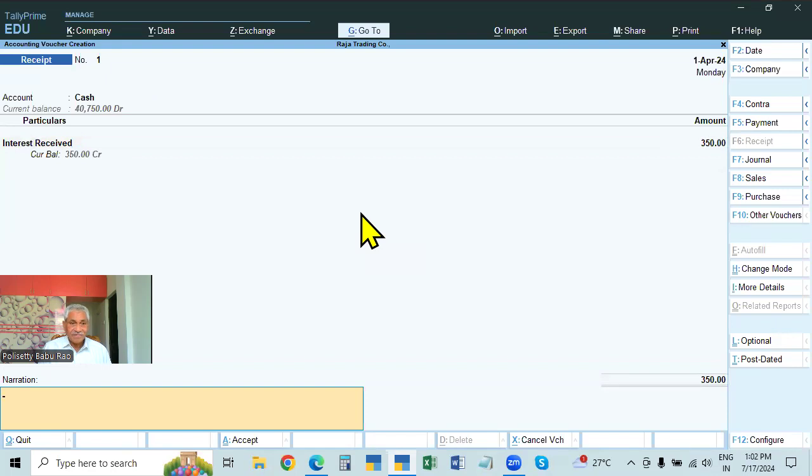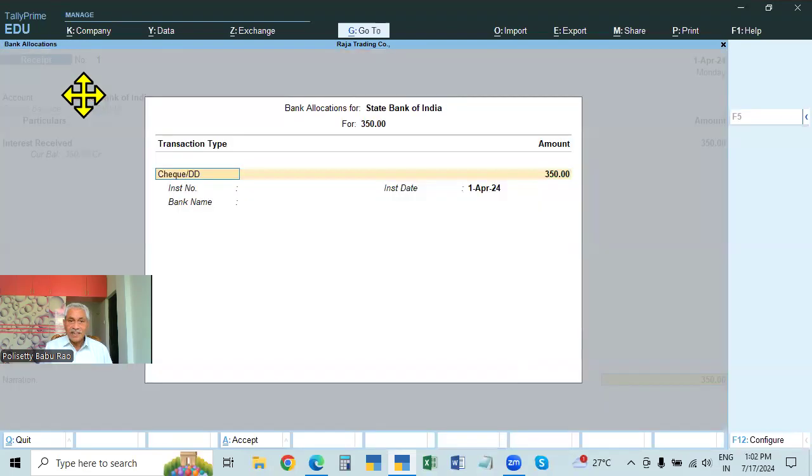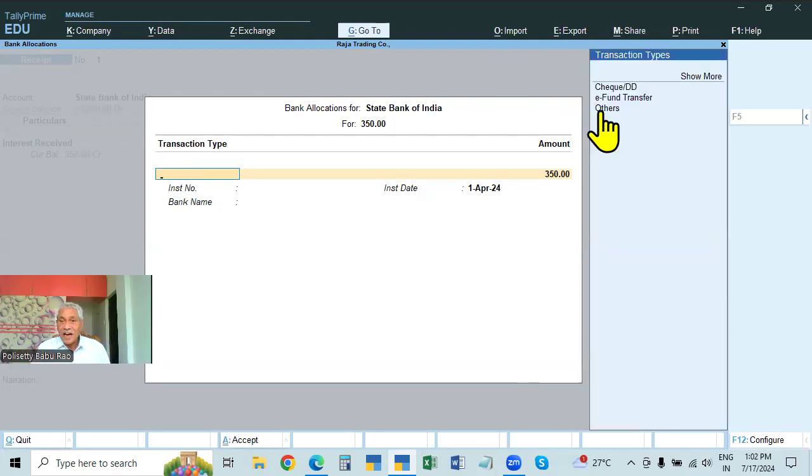In the case of bank only, it will ask you. Here, they will not give any cheque or anything, they will directly credit our account. So with the space bar, here take others, not cheque or DD.